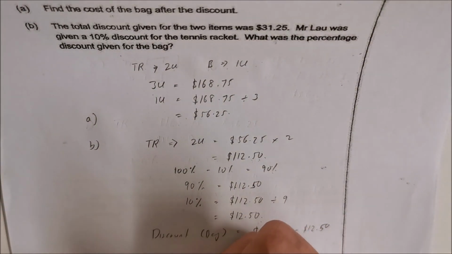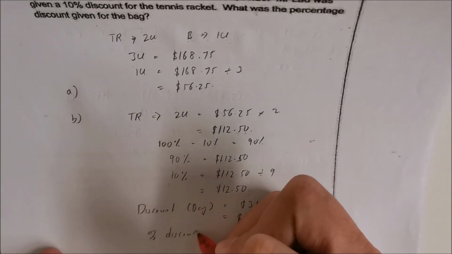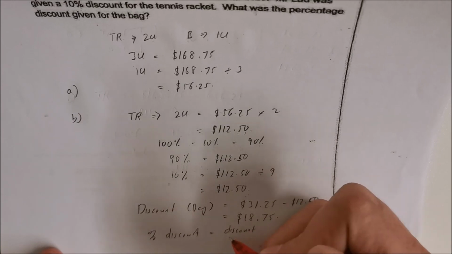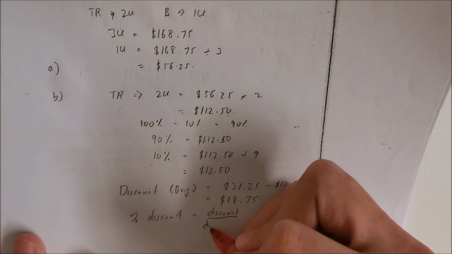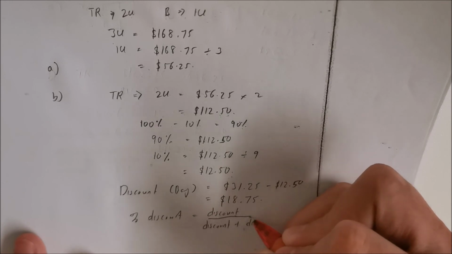Okay, so guys, how do we find the percentage discount given for the bag? We can follow this formula. Percentage discount equals the discount given over the original price. Guys, how do we find the original price? We can take the discount plus the discounted price.